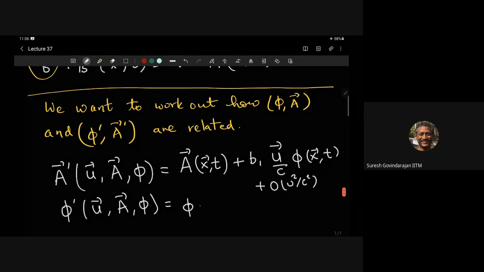The zeroth order piece is very clear: when you put u equal to 0, phi prime equals phi. Now we want to construct a scalar which involves u. The only way we can do it is to dot u with something, and there's only one vector, and that's A. I'm putting in 1 by c to make B1 and B2 dimensionless.